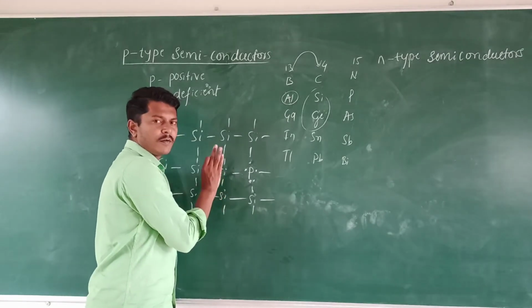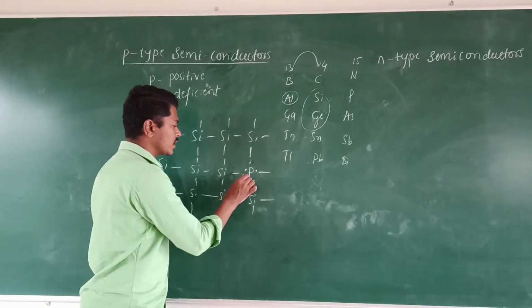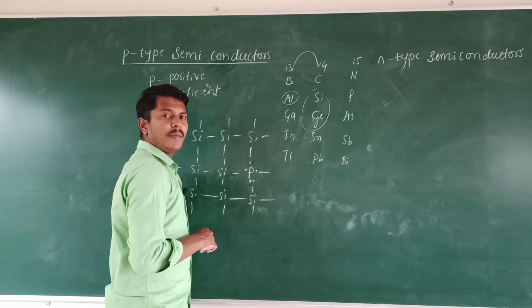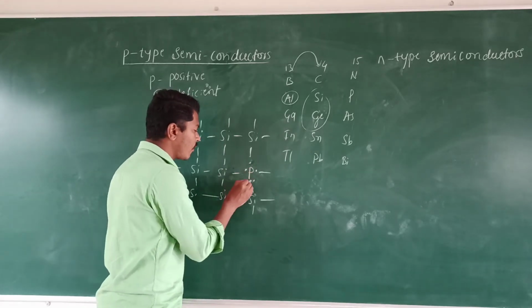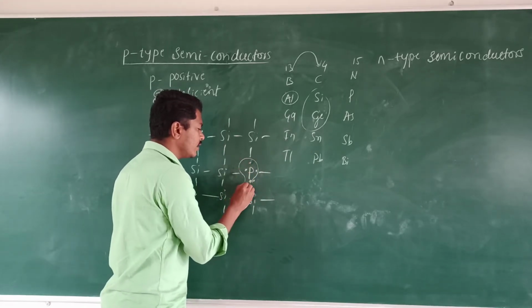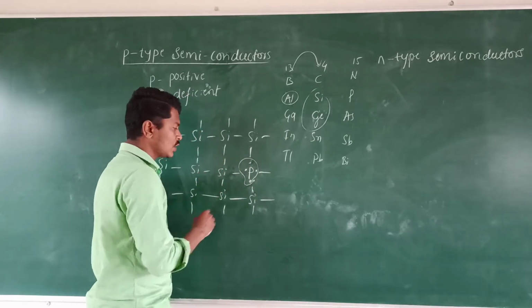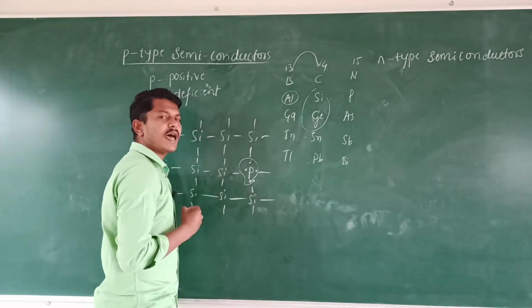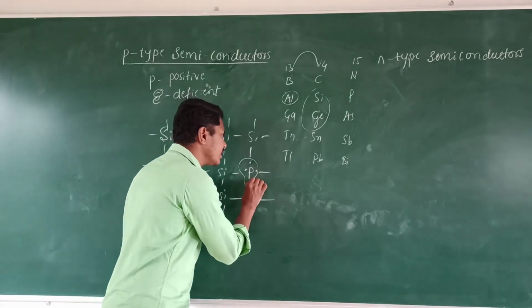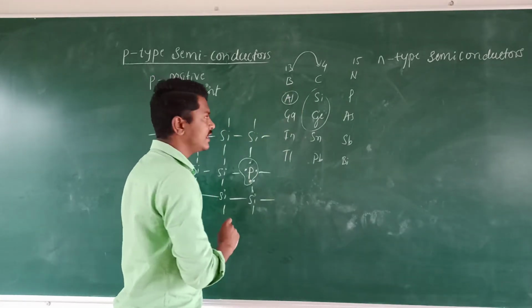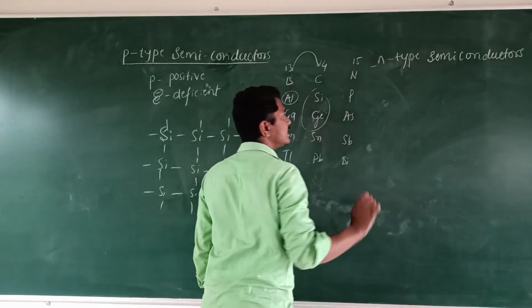Silicon is a 4-valent element, but phosphorus is a pentavalent element. Here 4 electrons are involved in the bonding process, and 1 electron remains as it is. This electron has a negative charge, that's why it is an N-type semiconductor.